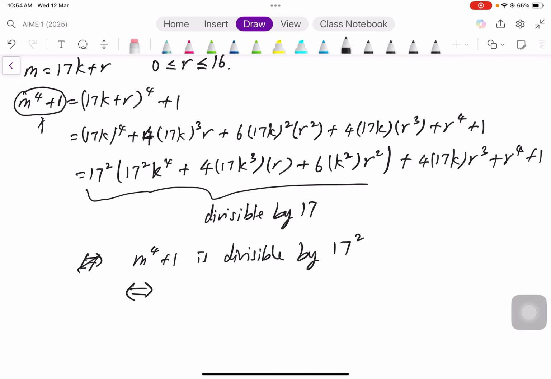That is, if and only if 4 times 17k times r cubed, plus r to the power of 4, plus 1, is divisible by 17 squared.